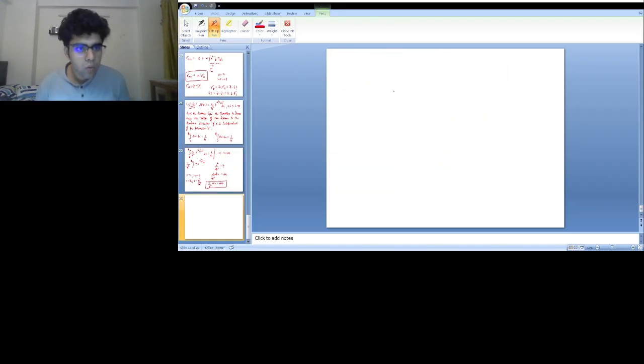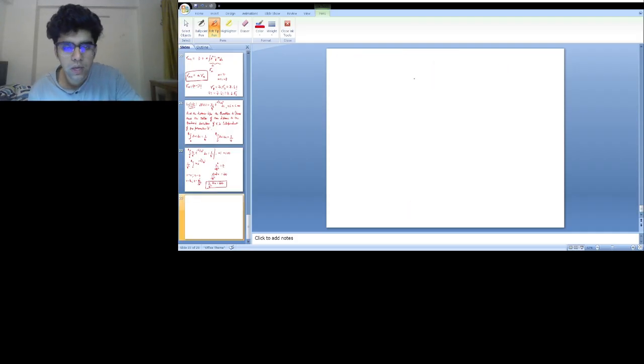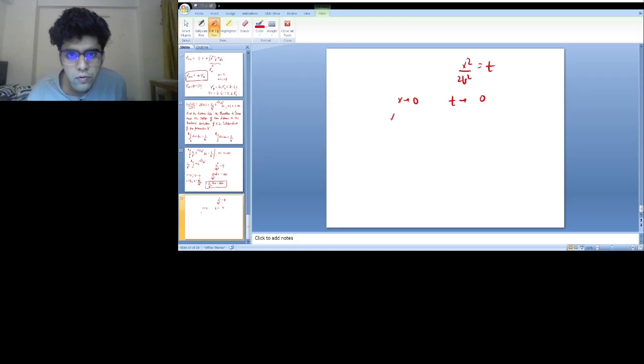So I'm including this b square here, it'll be easy for me. So x upon b square dx becomes dt. Let me write this whole again. My x square upon 2b square was t. When my x goes to 0, my t goes to 0. When my x is going to Q1, my t is going to Q1 square by 2b square, right?